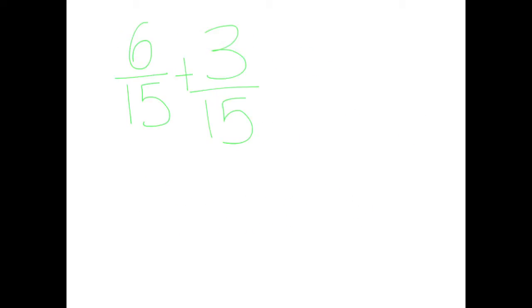Our first question is 6 over 15 plus 3 over 15. So it's easy because these already are common denominators. So all we have to do is show our work and put 3 plus 6 plus 3 over 15, which would equal 9/15.